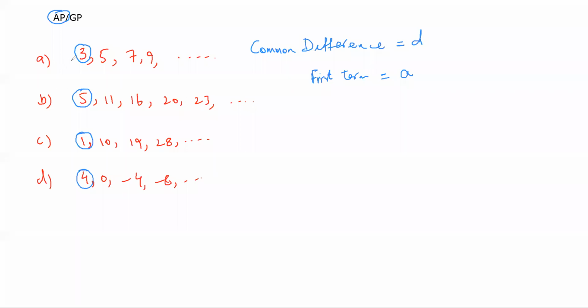Now this is your A or A1, and this is your A2, this is your A3, this is your A4, and so on. The last term will be known as AN.